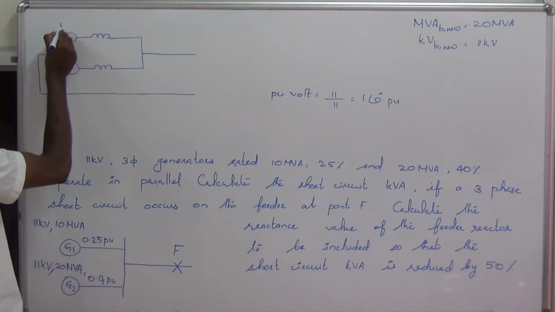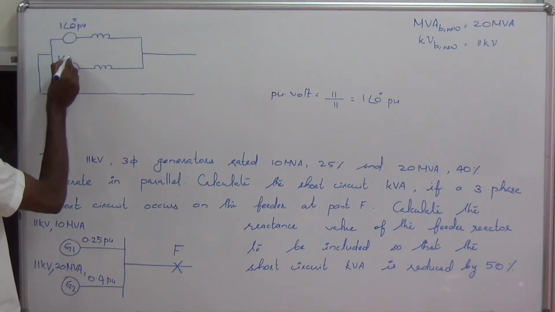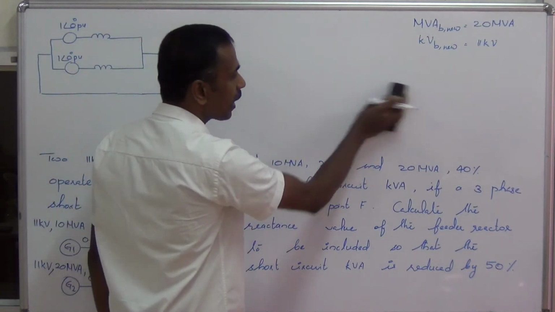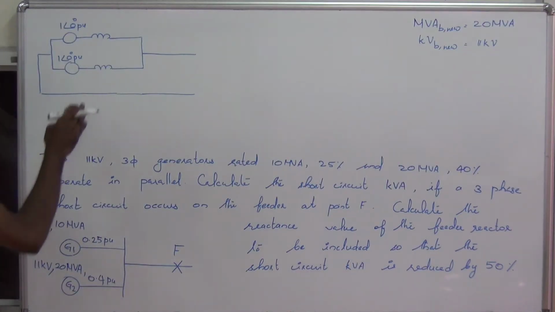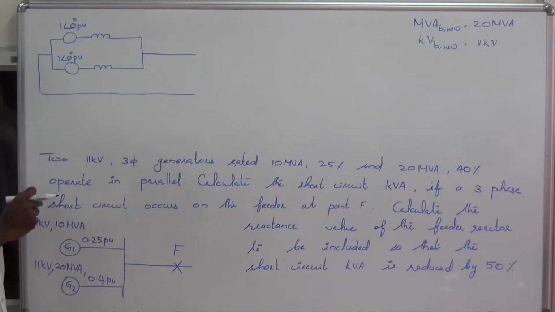So the voltages can be marked as 1 angle 0 per unit. For both generators, the voltage is 1 angle 0. Now let us find the reactance values of these two generators.